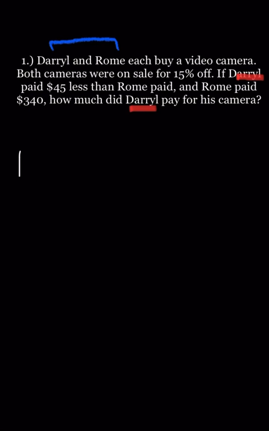We have, let's say D for Daryl. And then the condition is Daryl paid 45 less than, so less than signals subtraction. So we have subtraction here, and then Room paid, so let's say R for Room for the second person. So we have here R, and then $45.